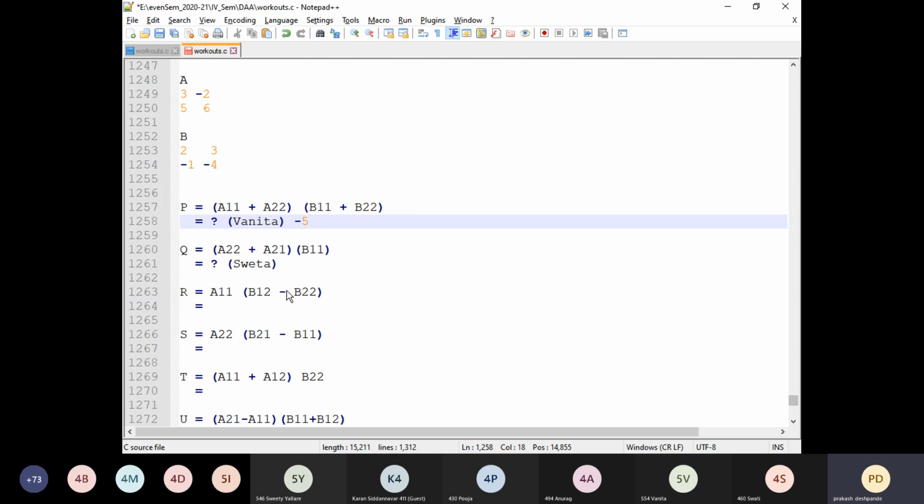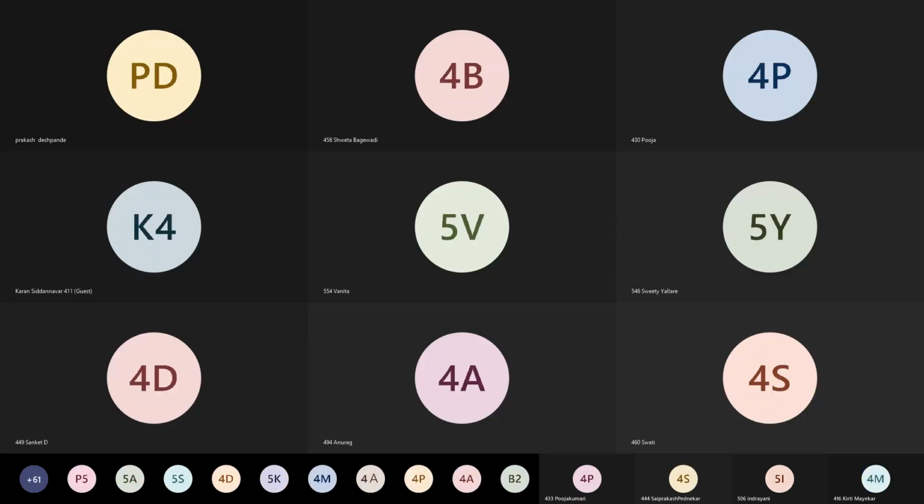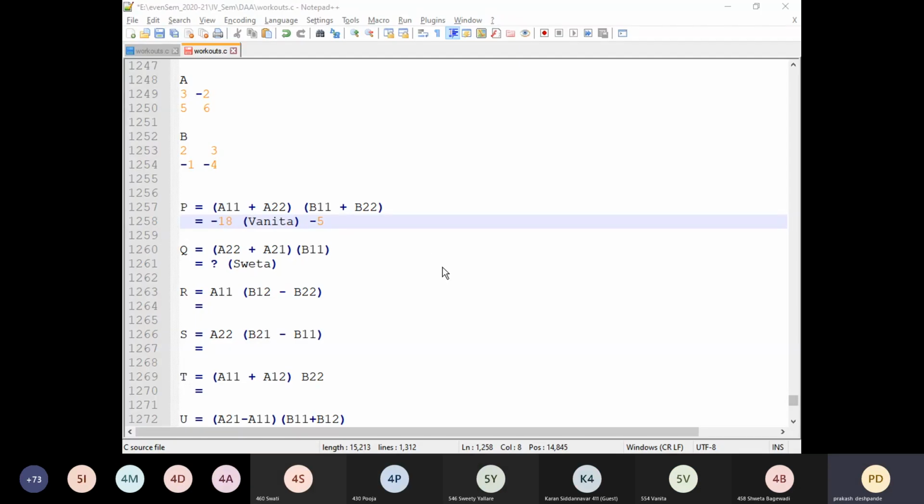Can anyone try to solve? Minus 18. Students, is the screen visible to you again or has it gone?